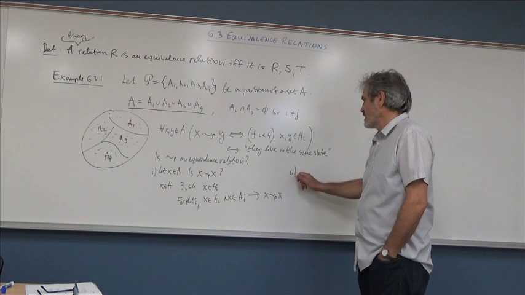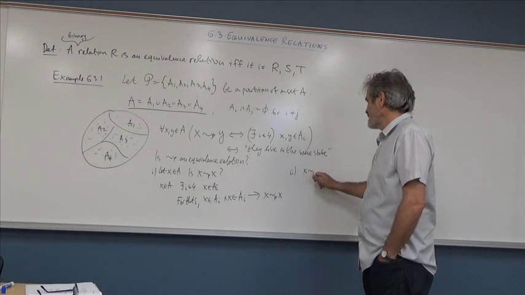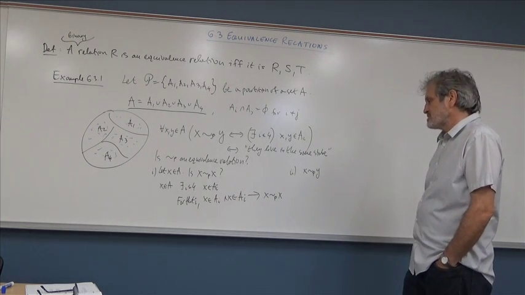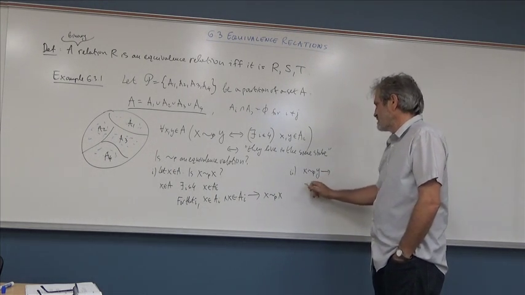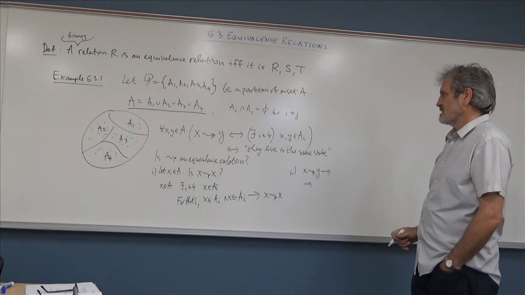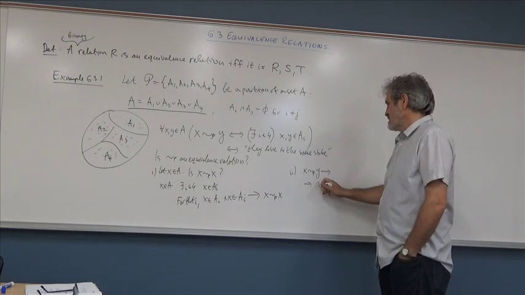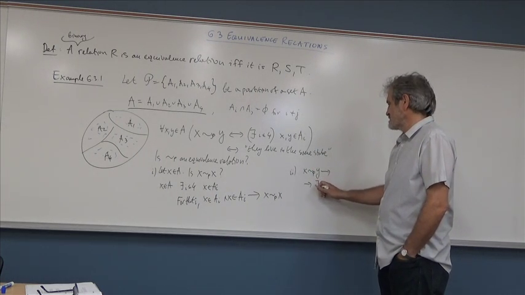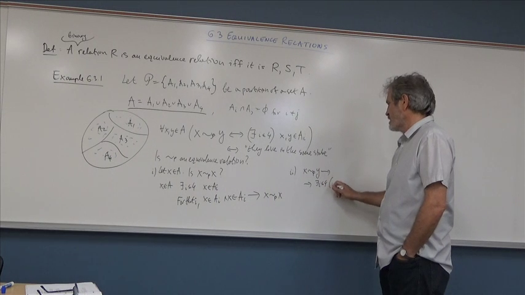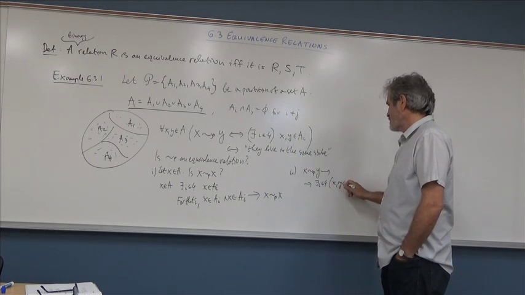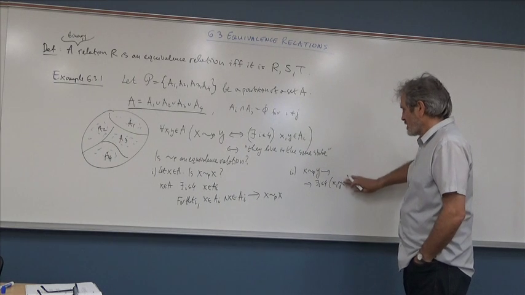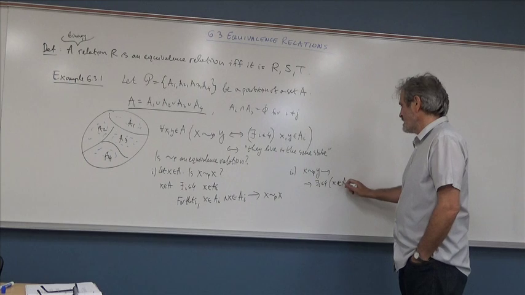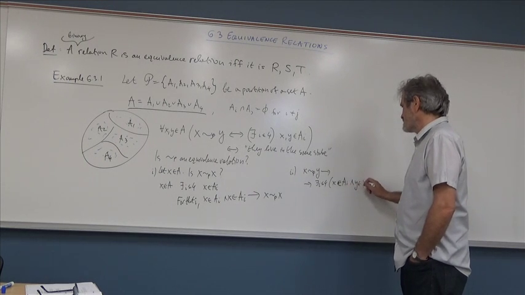For the second one, what if x tilde_P y? Can we conclude that y tilde_P x? Yes. Why? Here it is, a little exercise in proving. If x tilde_P y, that means there exists some i less than or equal to 4 such that x belongs to Ai and y belongs to Ai.